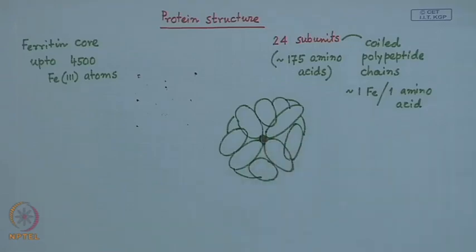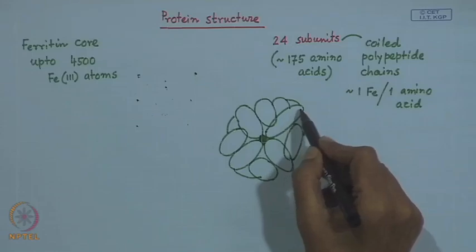So, you have a sphere-like arrangement of 24 subunits in 3 dimensions. The arrangement of these 24 subunits is very easy to identify, because you know all the corresponding geometry. Suppose you have a typical octahedron. In one particular trigonal face, how many faces can you have? 8. So, 8 trigonal faces you can have in octahedral geometry.